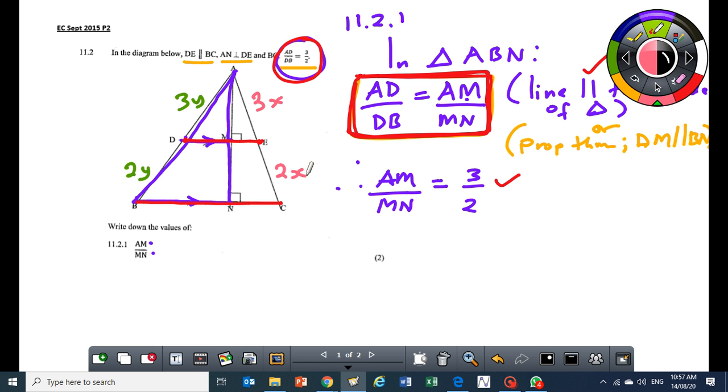So on the next page now, I'm going to identify two triangles that are similar so that I can carry on. So my two triangles are ADE and ABC.